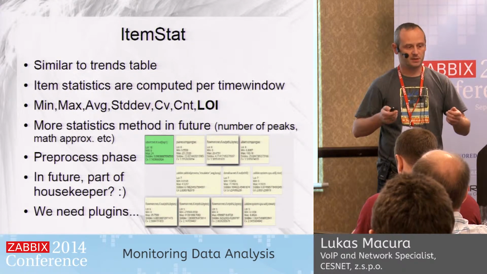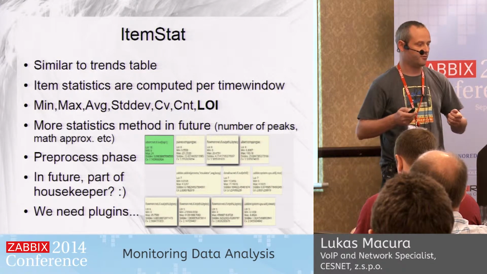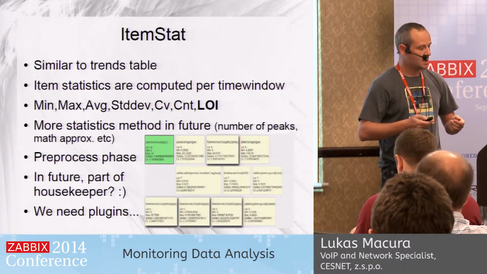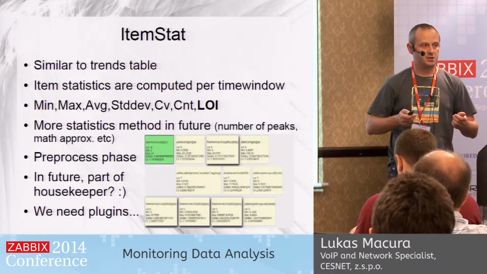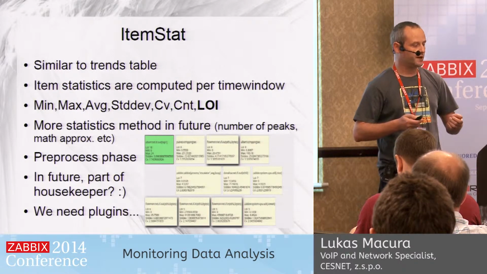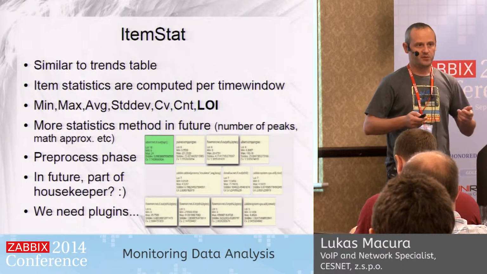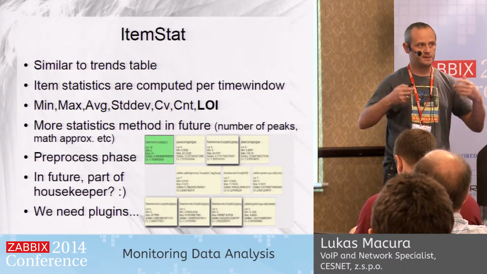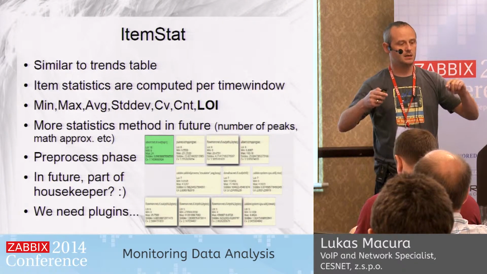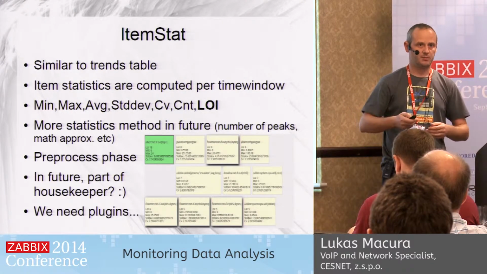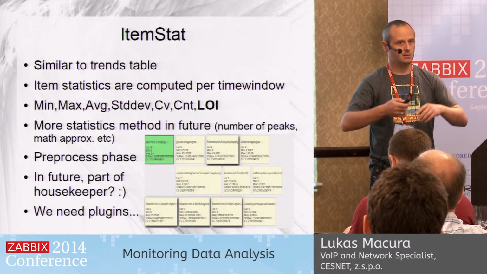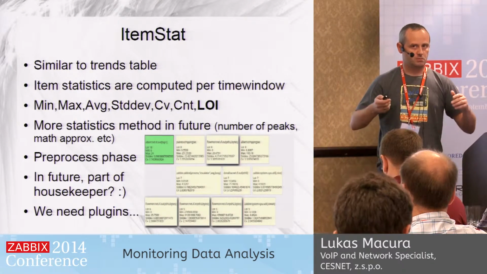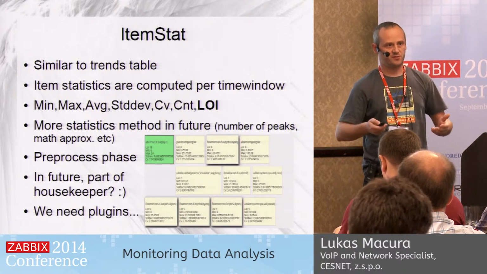In trends, we have minimum, maximum, and average, but it's not enough. So I added standard deviation, coefficient of variation, and level of interest, because each item in each window has a level of interest, and afterwards we make mathematical operations over it.